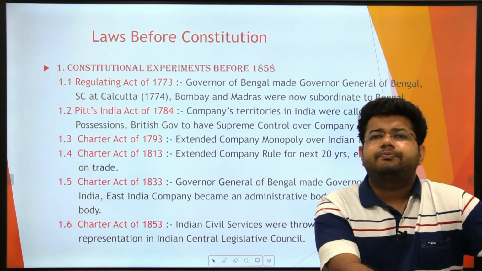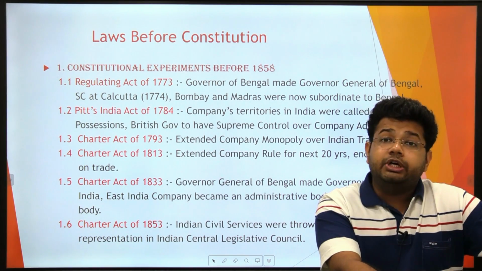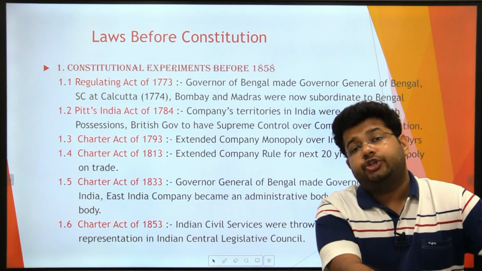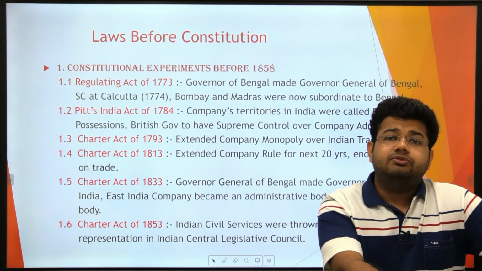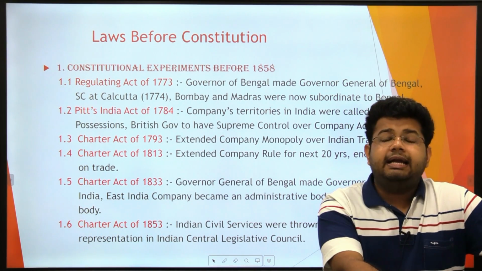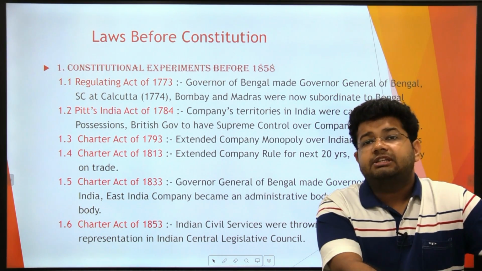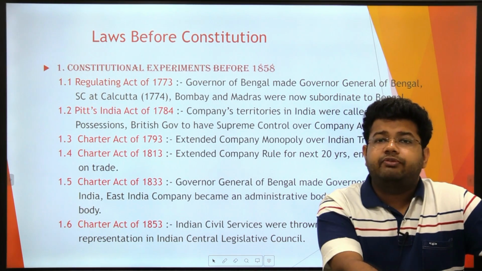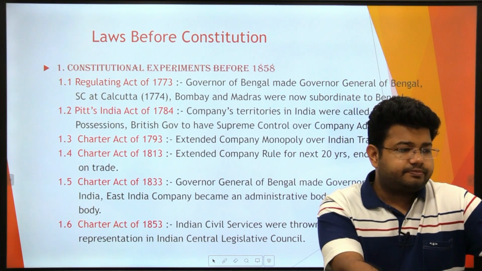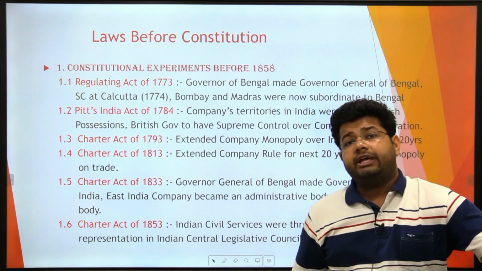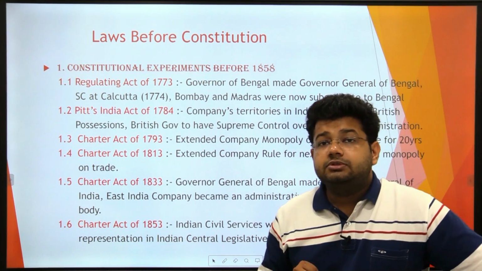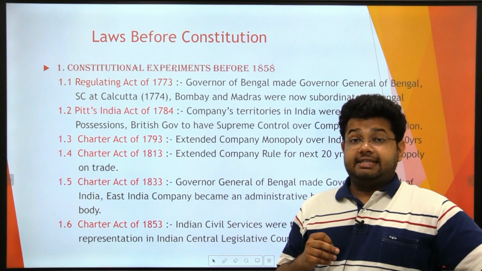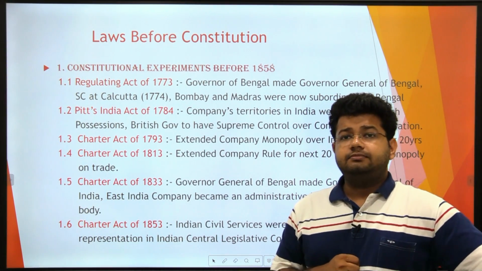Through this very act, by making the Governor of Bengal the Governor General of Bengal, the presidency towns of Bombay and Madras were brought subordinate to the office of Governor General of Bengal. This act also provided for establishment of a Supreme Court at Calcutta, which was thereafter established in 1774.